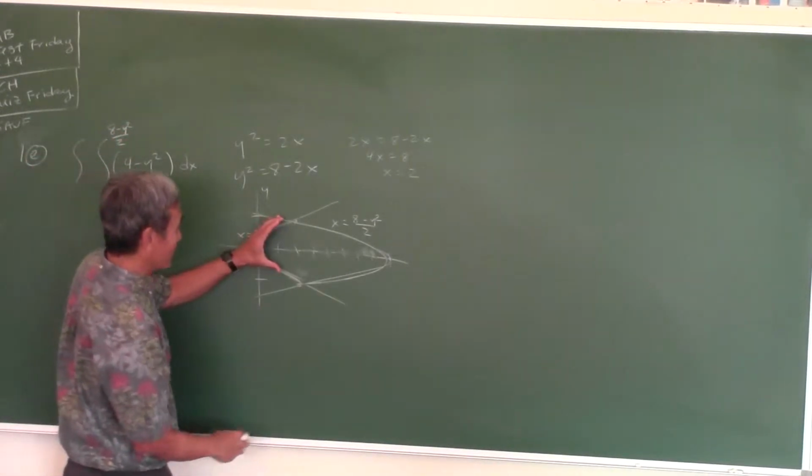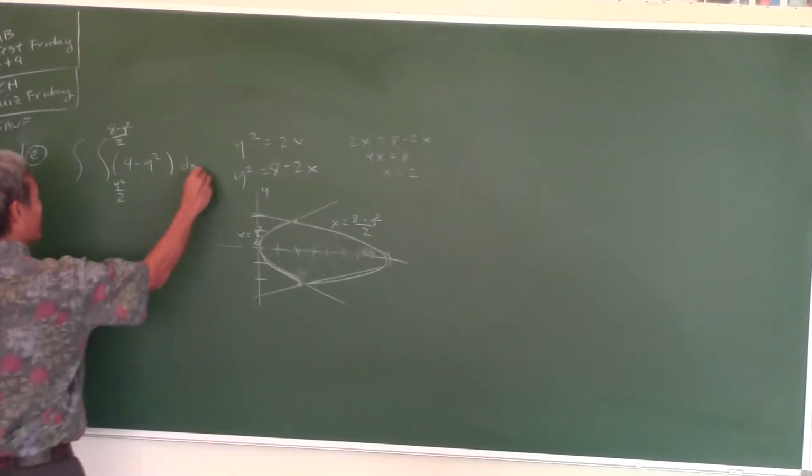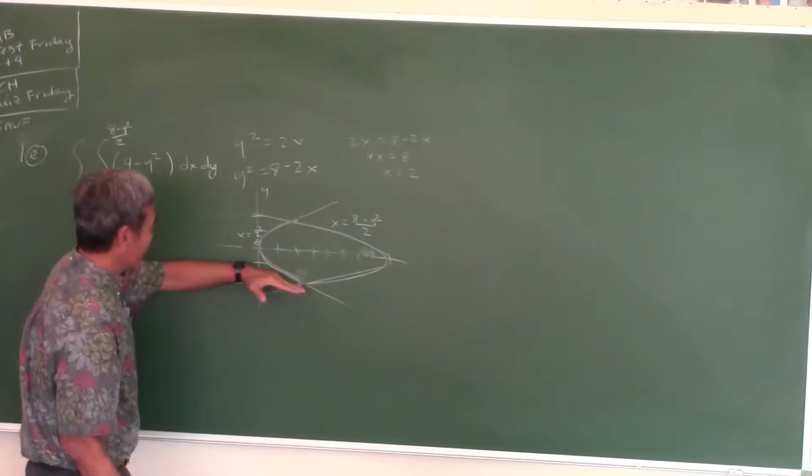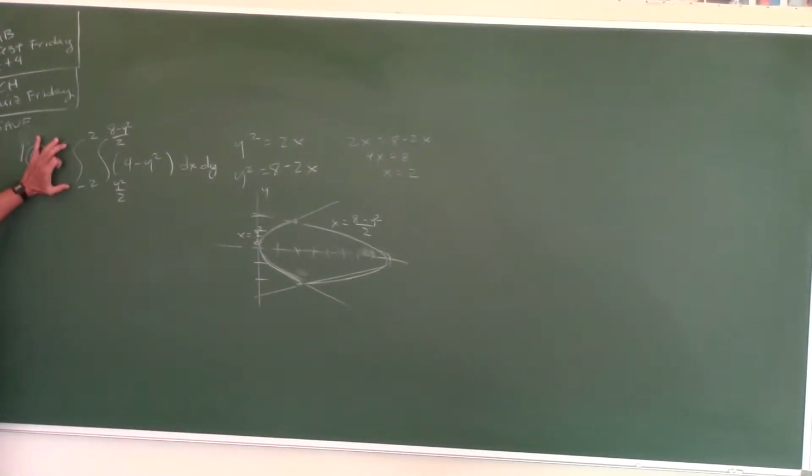Then you integrate with respect to y, from -2 to 2. See how the last one has to be the ones with the constants? Because you can't be plugging in variables in the last step. Like I told you yesterday, the hard part is setting up the integral. Computing the integral is the easy part.